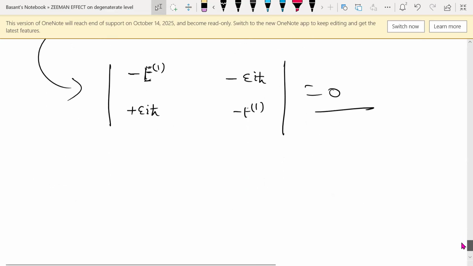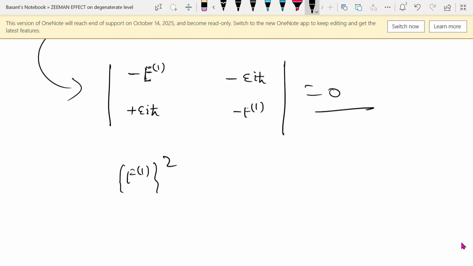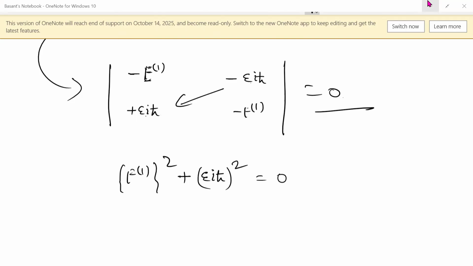So, by solving this, that is E1 square, and this is equal to plus epsilon i h-bar square and equal to 0.